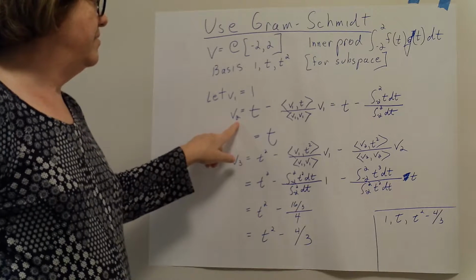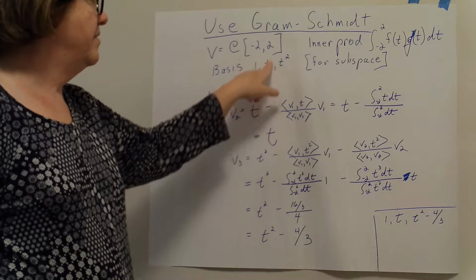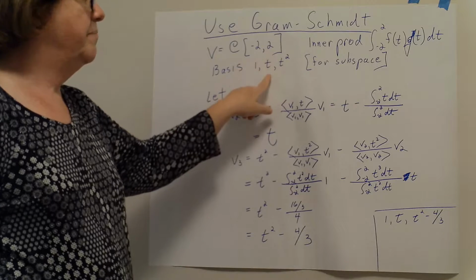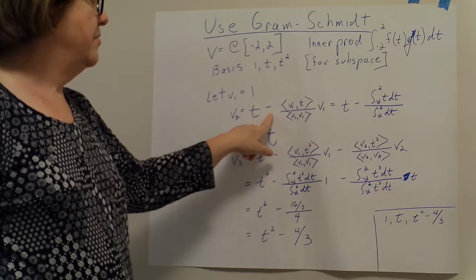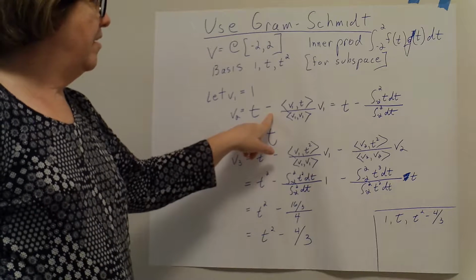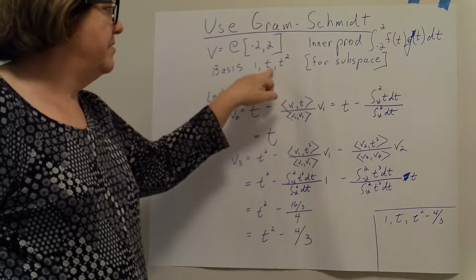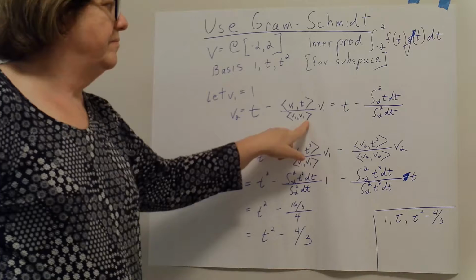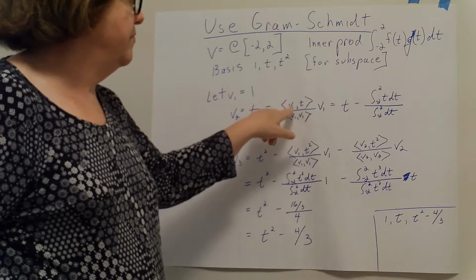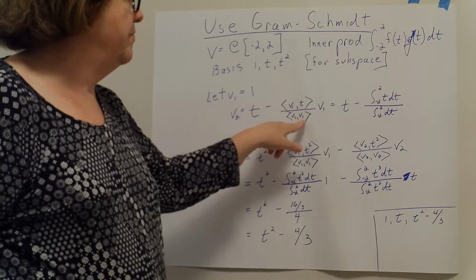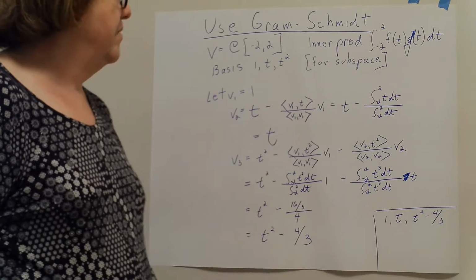V2 then is going to be the second basis element minus the projection of that second basis element onto V1. So you've got minus the inner product of V1 and t over the inner product of V1 with V1, times V1.